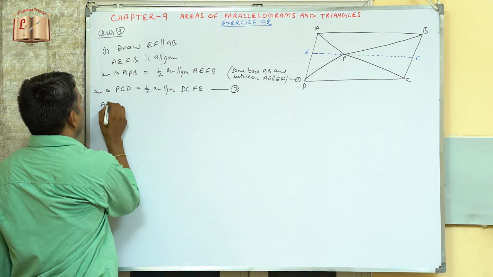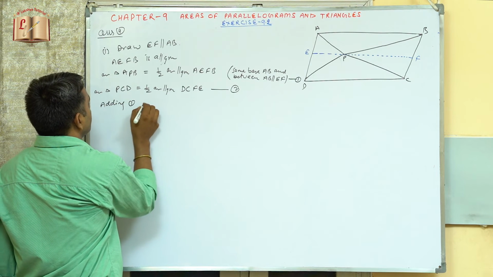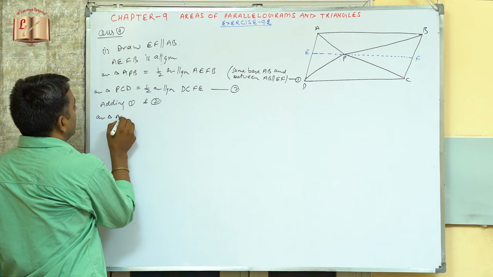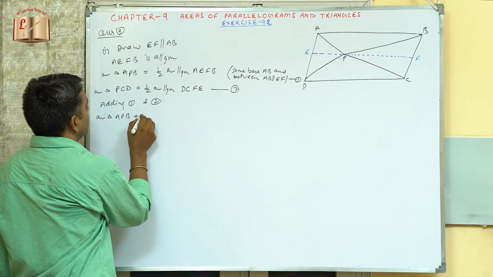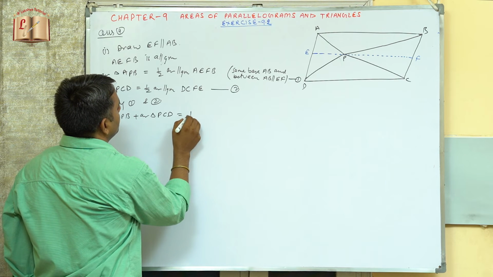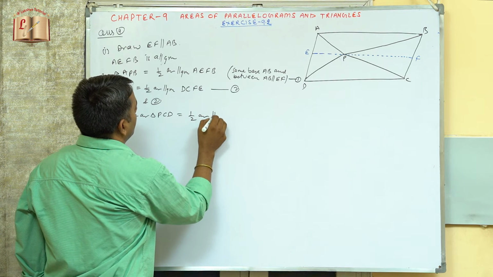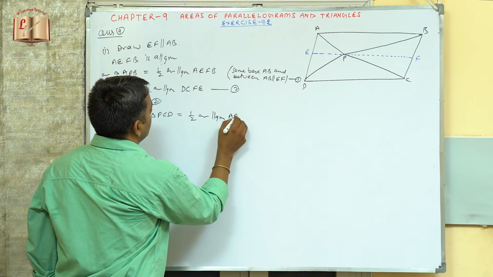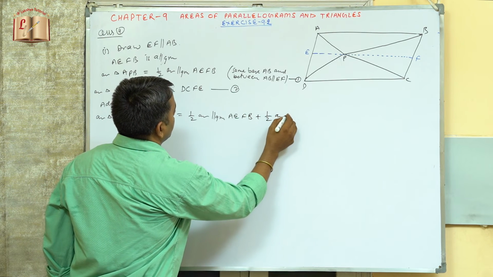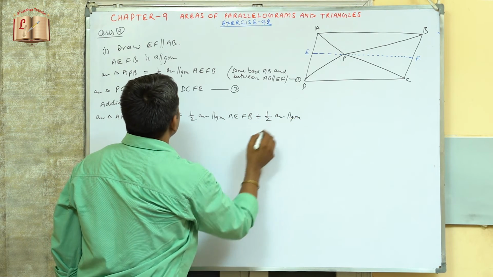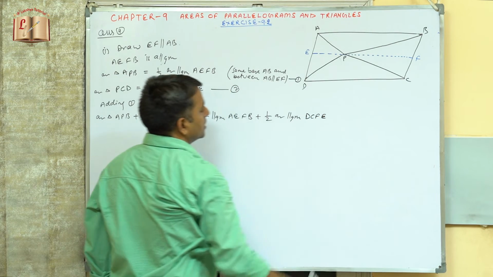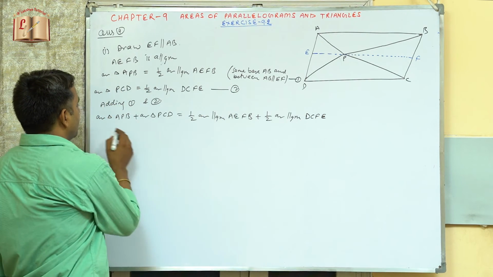So adding equation 1 and 2, area of triangle APB plus area of triangle PCD will be equal to half of area of parallelogram AEFB plus half of area of parallelogram DCFE. Now we can take half as common.